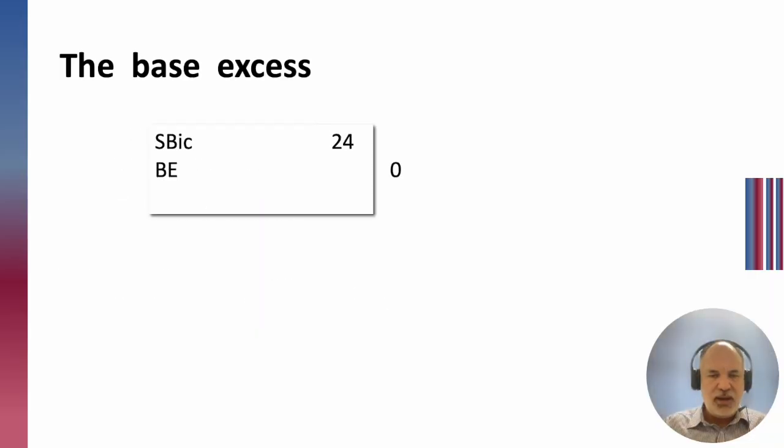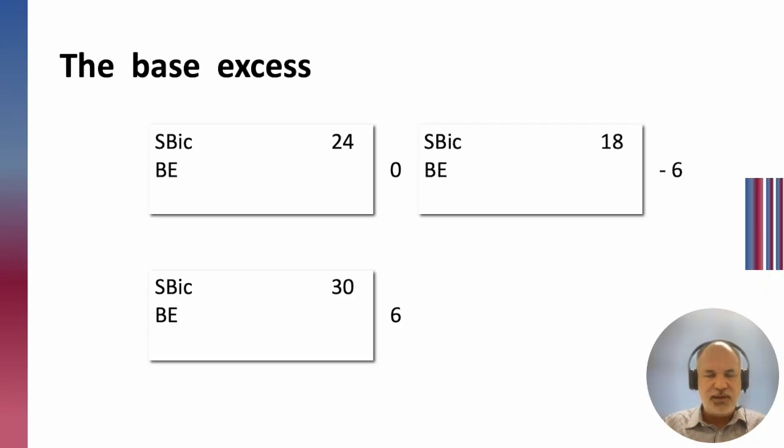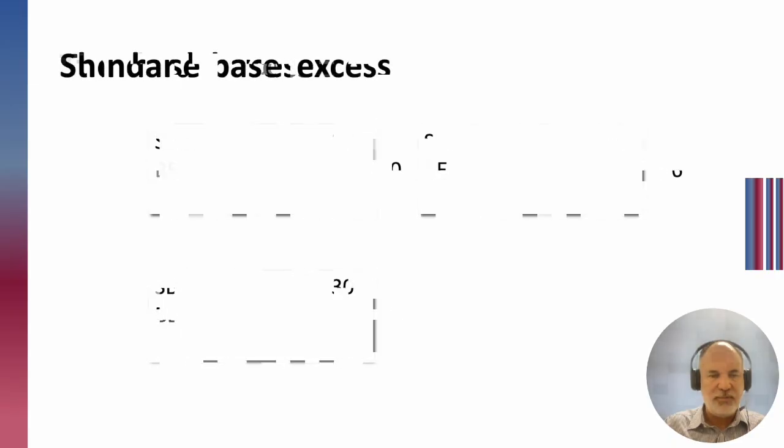And if we think about this, a normal standard bicarbonate would be 24, and if the standard bicarbonate is 24, then the base excess is 0. If the standard bicarbonate is 30, then the base excess is 6. And if the standard bicarbonate were to be 18, then the base excess would be minus 6. And I think that's relatively straightforward and self-explanatory.